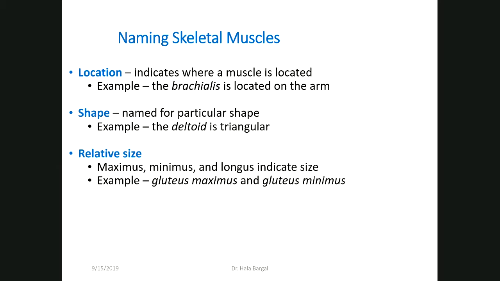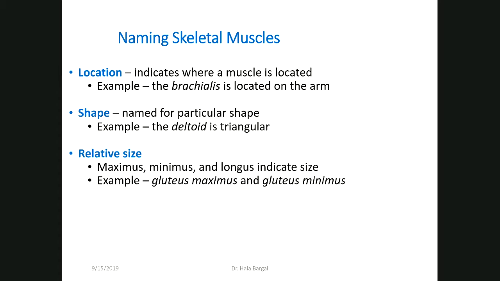Then the second classification is according to the shape and arrangement of the fascicles. The third is according to the functional group of the muscle. Right? Then the 4 rules for the action of the muscle are very clear. Now we will come to a very important point, which is naming of the skeletal muscle.